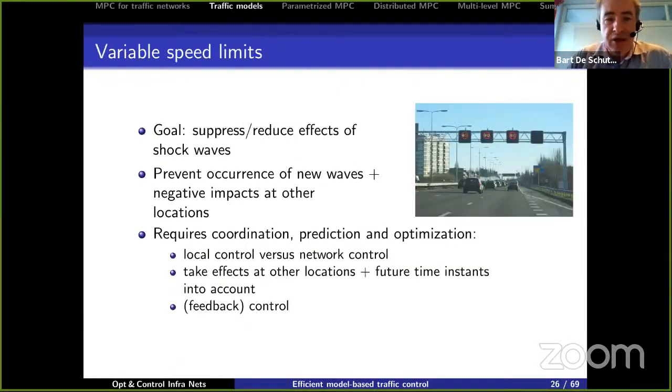And for this, we will use variable speed limits. That also means that we cannot just apply a speed limit in one place. We really need to coordinate various speed limits and also anticipate what is going to happen in the future. And that means that model predictive control is excellently suited to address this problem.